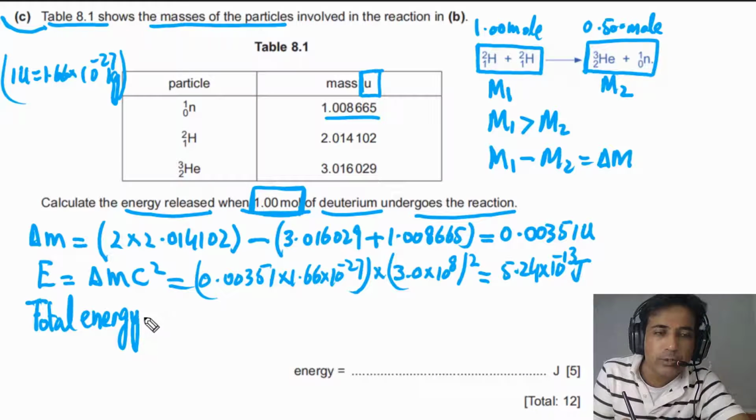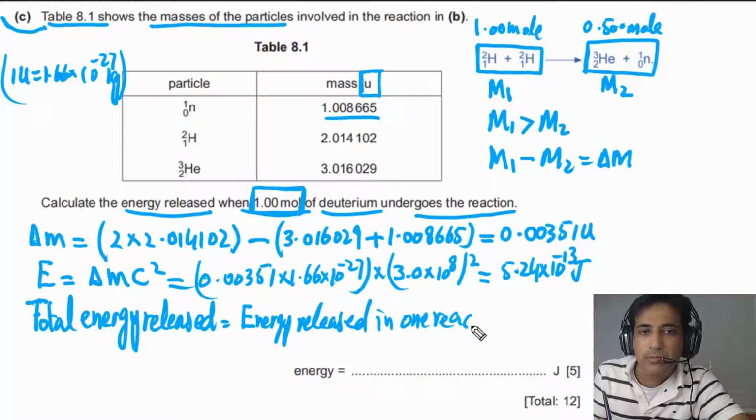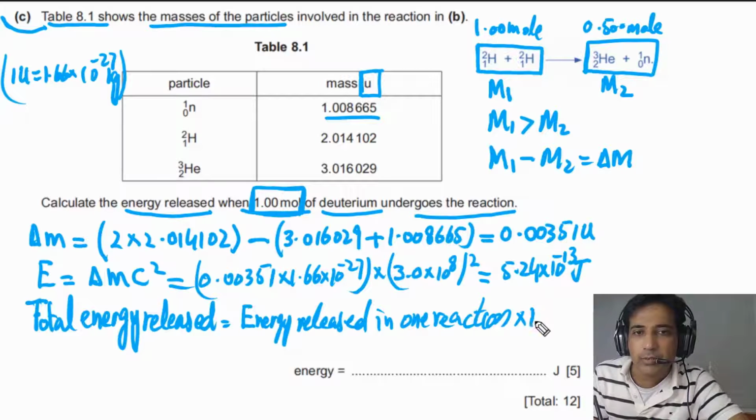We need to calculate total energy released. Total energy released will be equal to energy released in one nuclear reaction, times number of reactions. So we have to multiply with number of reactions.